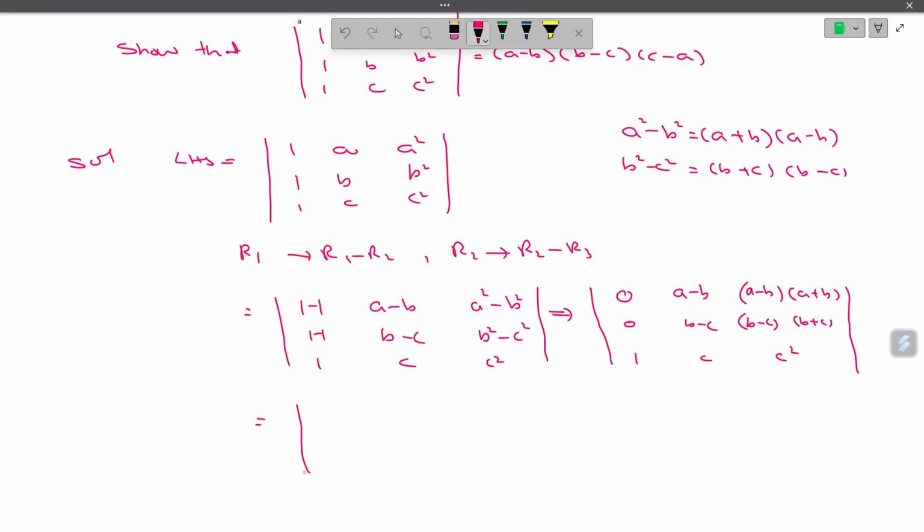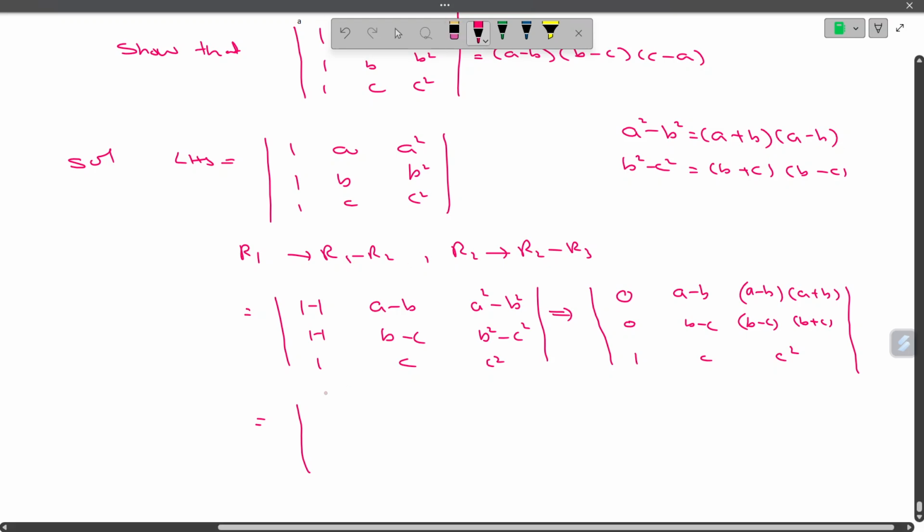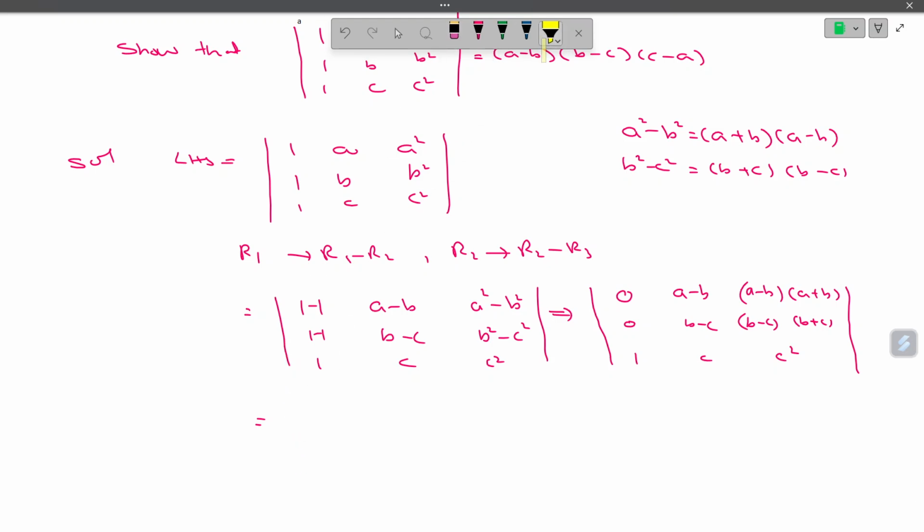Now this will give us 0, 0. So what I am doing here is, from the first row I am taking A minus B common, and from the second row I am taking B minus C common.